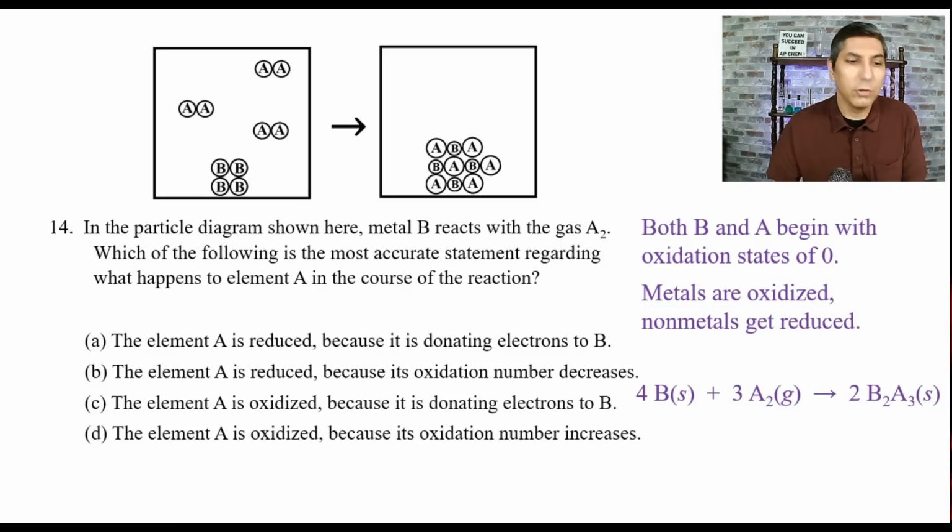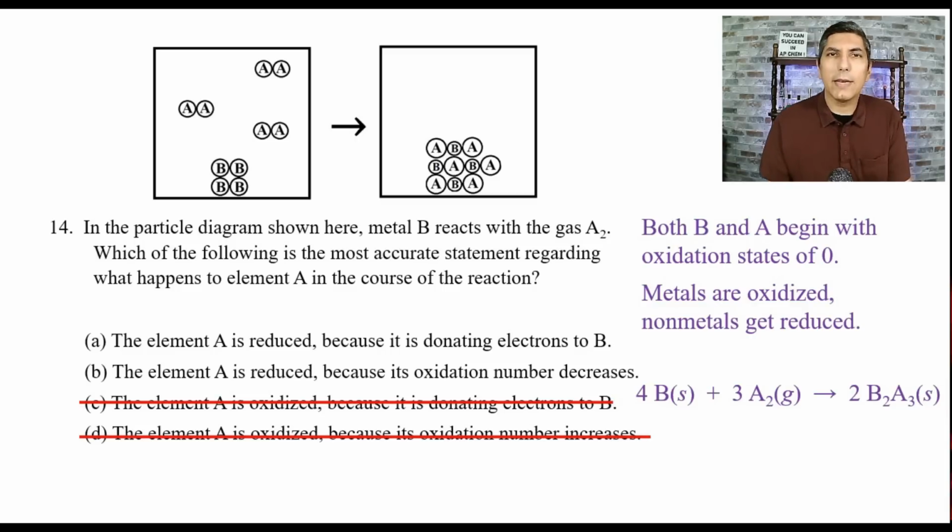Now, since A is being reduced, we can automatically eliminate choices C and D because element A is absolutely not being oxidized here. Now, since element A is being reduced, what's actually happening to it? Well, think about that little mnemonic aid OIL RIG that you may have heard before. Oxidation is losing, reduction is gaining.